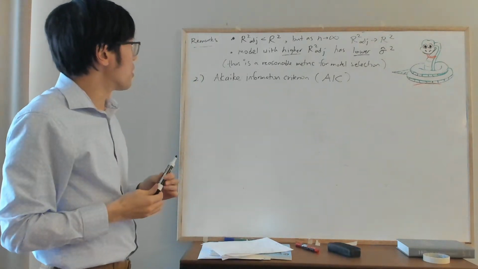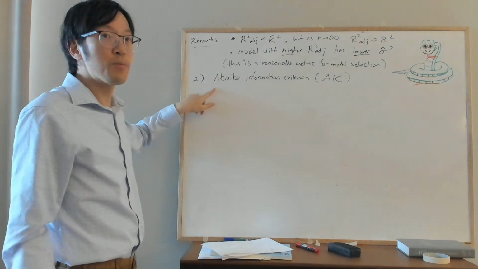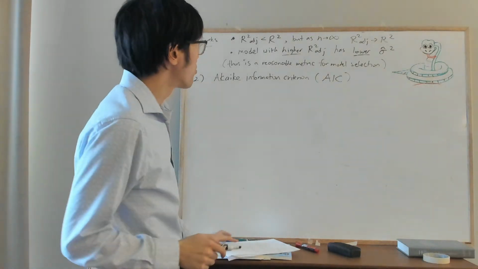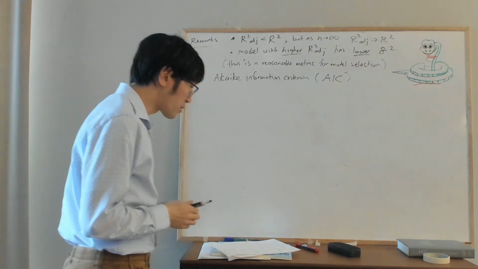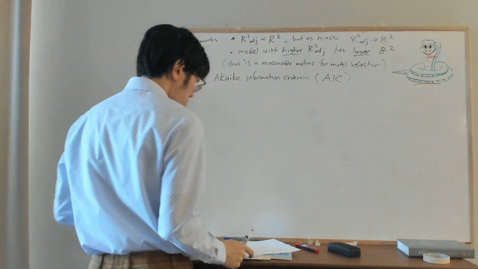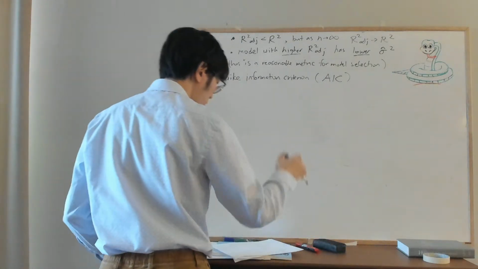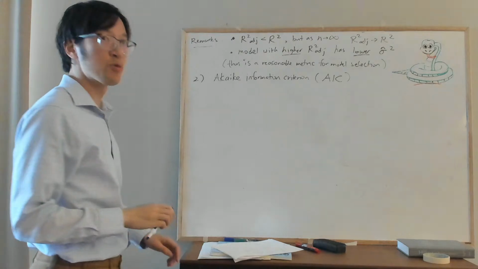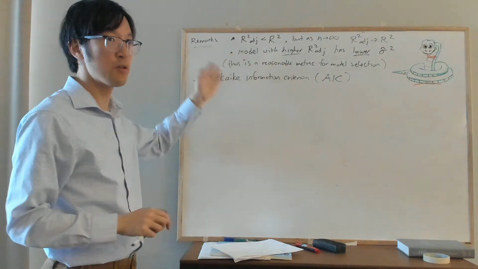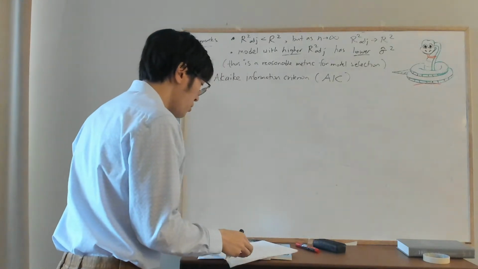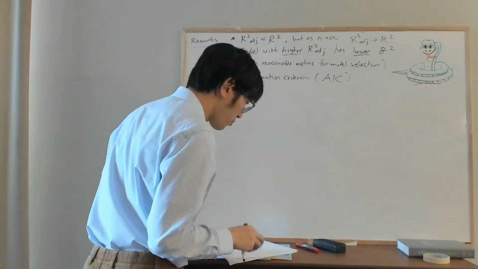This one comes at model selection from a maximum likelihood perspective. Let me explain what it is. We'll see it has some common themes with R squared adjusted, in the sense that it also penalizes including too many spurious parameters.